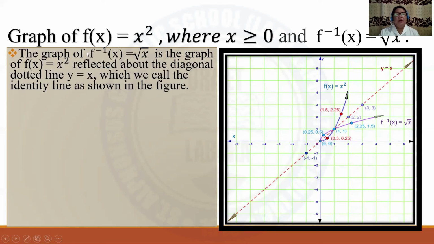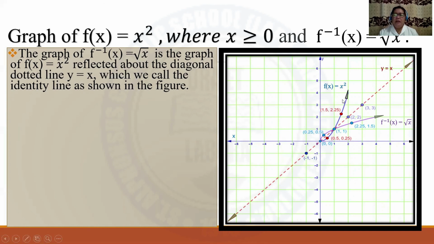So the graph of the inverse function, which is equal to the square root of x, is the graph of the function equals to x squared, reflected about the diagonal dotted line y is equal to x, which we call the identity line, as shown in the figure. This one.